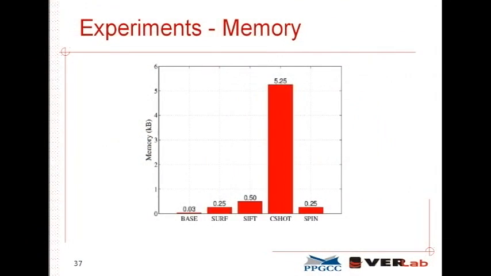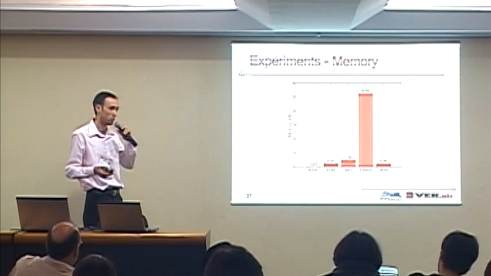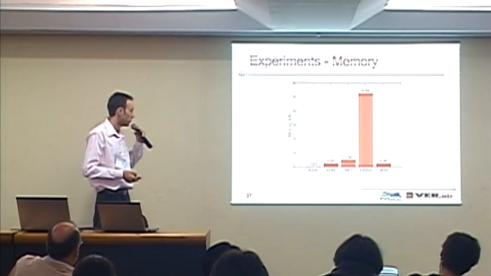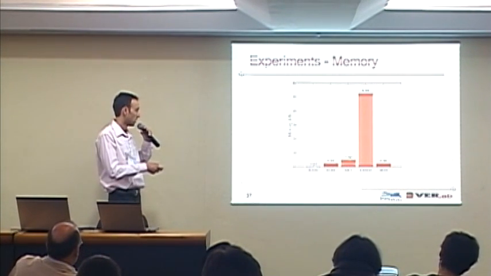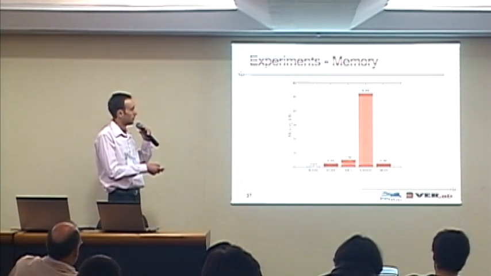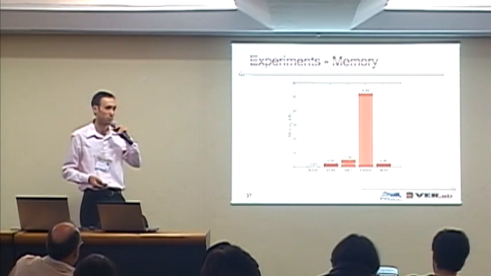And besides that, BASE presented the lowest memory consumption with 32 bytes, while its main competitor, C-SHOT, has a descriptor with more than 5 kilobytes.